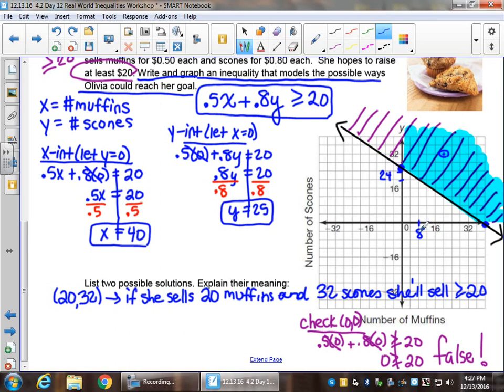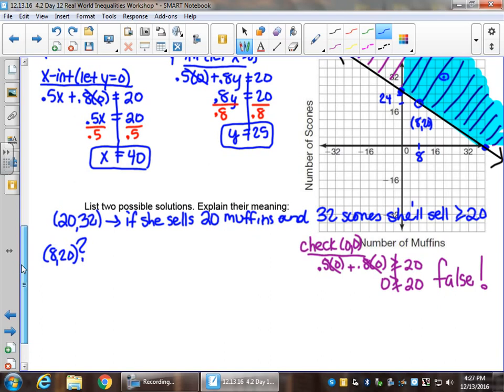So I'd come to 8 on the x-axis and I'd look up, looks like 20, but that would be 8 comma 20 with a question mark because this is on the edge. So let's test it. Let's pretend like we were asked a question, if she sold 8 muffins, she has to sell at least how many scones? I think 20, but let's see if we can check the point and be sure.